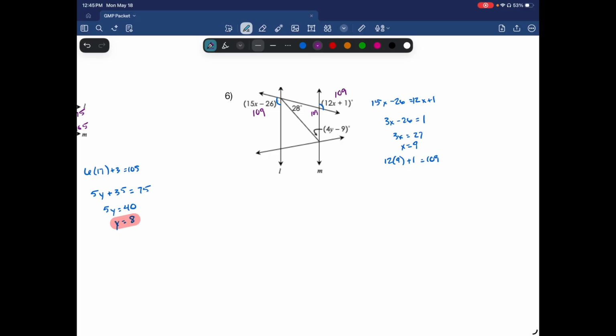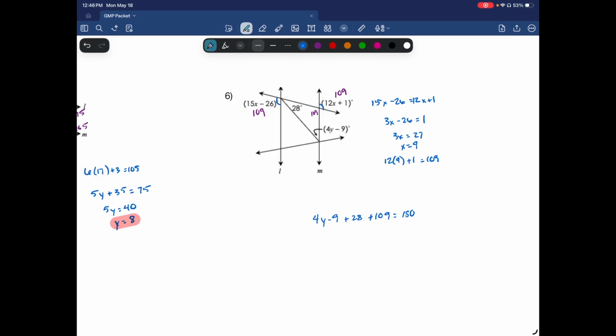Okay, so this is kind of a preview. The 28, 109, and 4y minus 9, that's a triangle. And the three angles inside of a triangle add up to 180. All right, so 4y minus 9 plus 28 plus 109 equals 180.